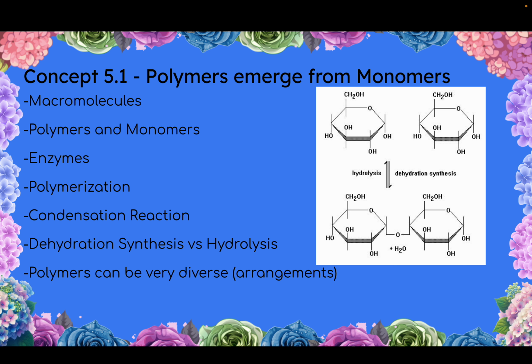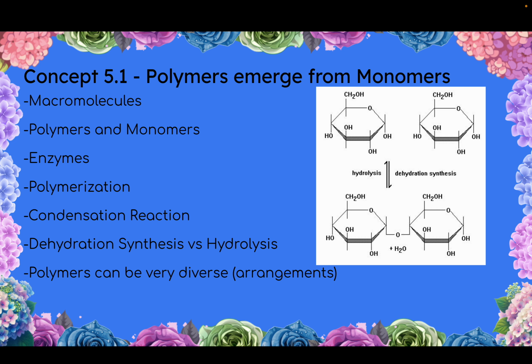There are various different reactions that can form polymers, but the main one is called a dehydration reaction. A dehydration reaction is when water is released or lost to form a bond. A dehydration reaction is a type of condensation reaction.